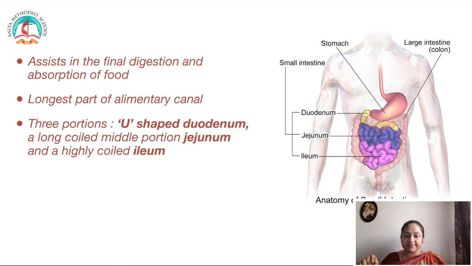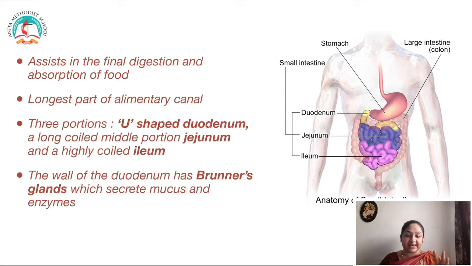The U-shaped duodenum, a long coiled middle portion which we call the jejunum, and then a highly coiled lower portion, the ileum. The wall of the duodenum has Brunner's glands which secrete mucus and enzymes. Then the ileum opens into the caecum of the large intestine.